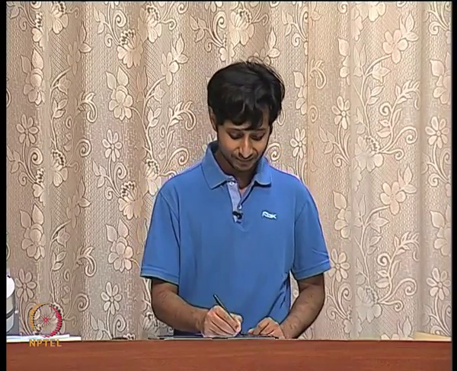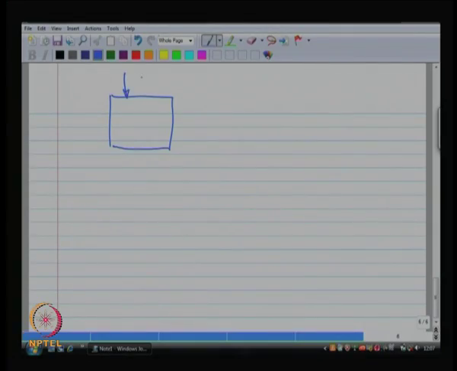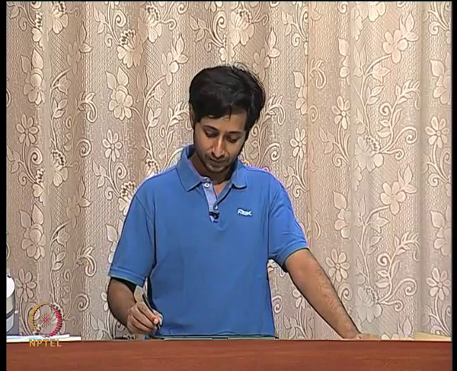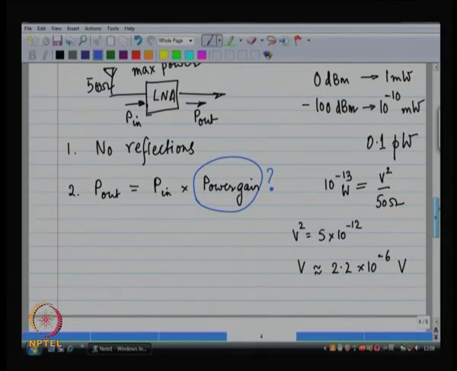You have a system, you put in so much power, either the power is burnt as heat or the power comes out. Okay. There is nothing else in between going on. Law of conservation of energy holds everywhere. So, the waste power as heat plus the output power should be equal to the input power, right. Traditional network theory, law of conservation of energy tells us all this. So, what on earth is power gain?